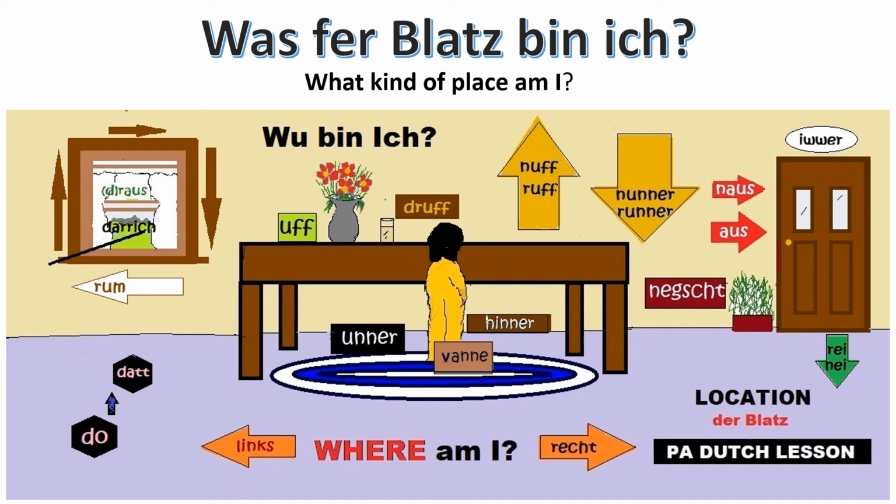And then on top of the table, there's a vase. It sits uff em Disch. It's sitting on top of the table. Uff, on. Or you might say, there's something druff. You may have placed something on the table. So you would say, ich hab mei Wasserglas druff der Disch gedu. I put my water glass on the table.